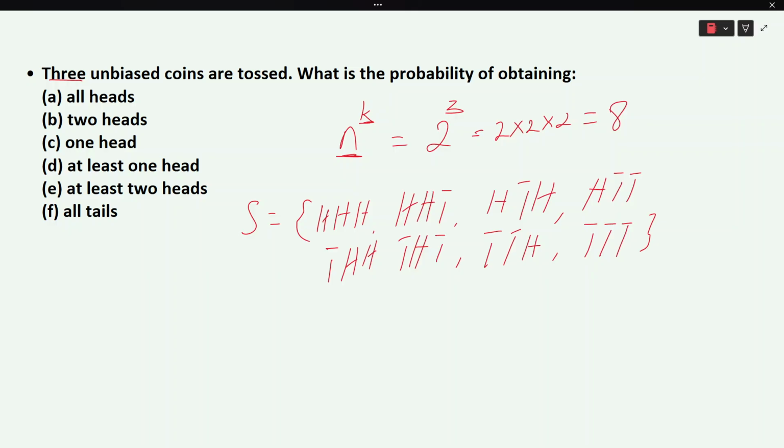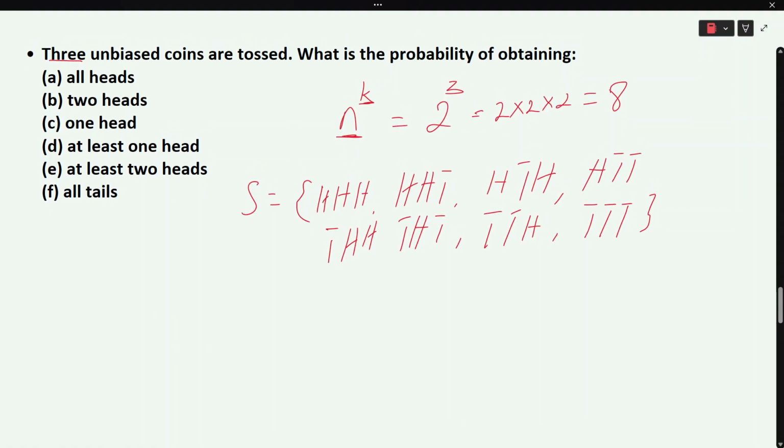You can also use a Venn diagram, which I'll do at the end. So A, now we have the number of samples.